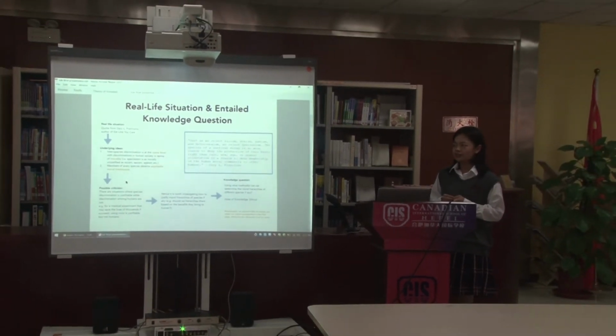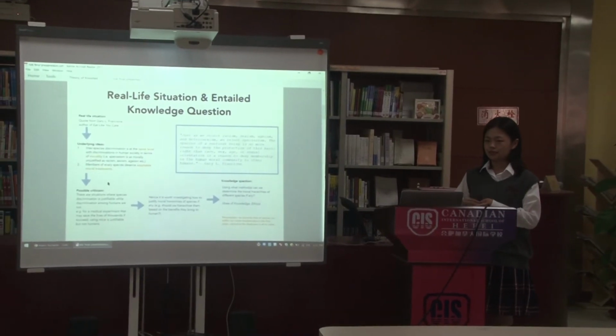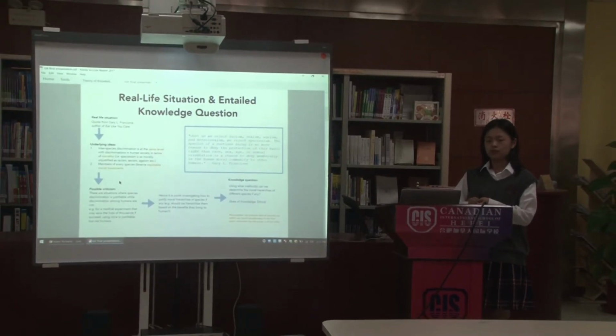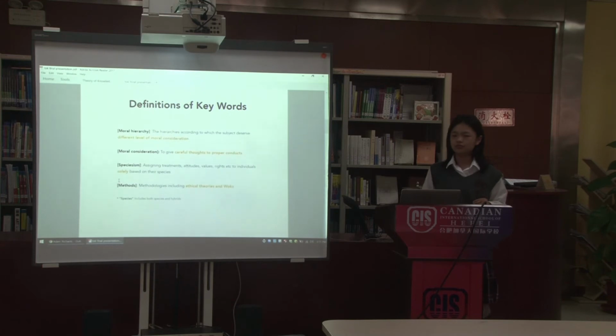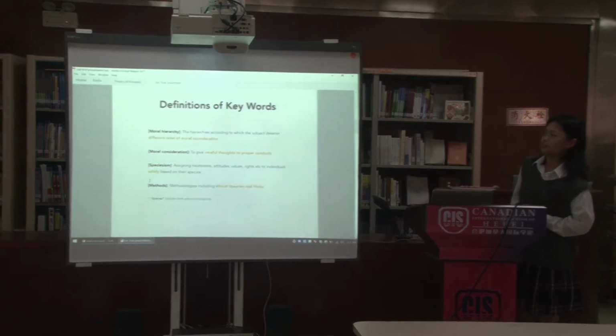So my question is, can we really find a systematic approach, a theory, to justify this conclusion while avoiding the biased perspective of the subjectivity of human beings? That leads to my knowledge question: using what methods can we determine the moral hierarchies of different species, if any?